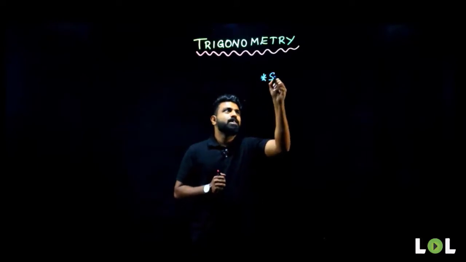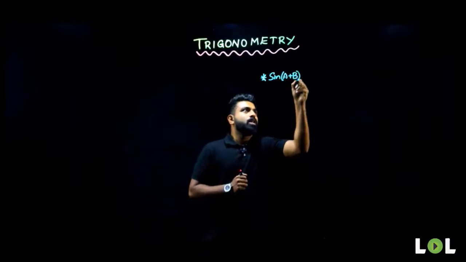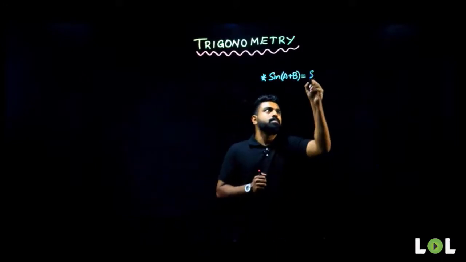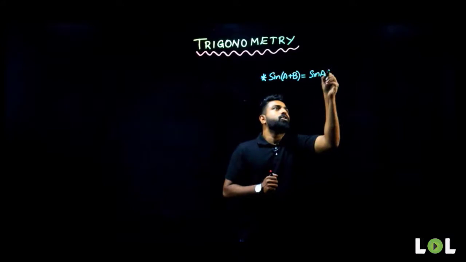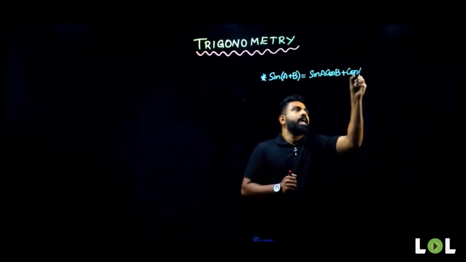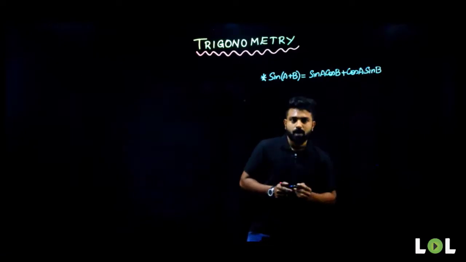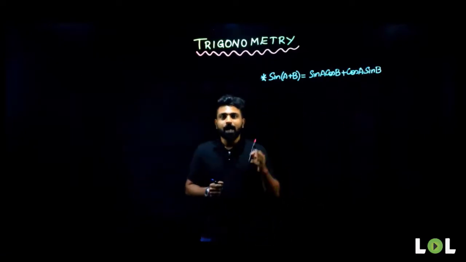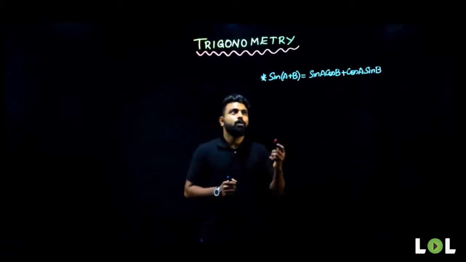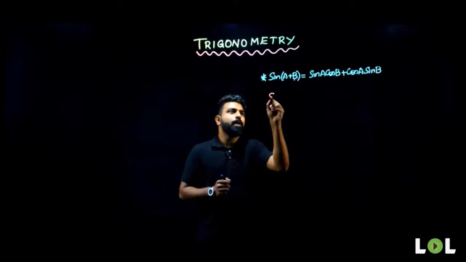It was sin of A plus B, that was equal to sin A into cos B plus cos A into sin B. Now we'll be using this formula to derive various other formulas. Now instead of B here, if I take A, what will it be?